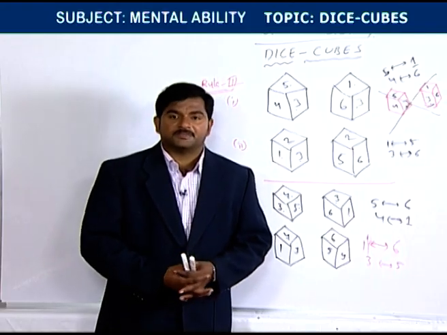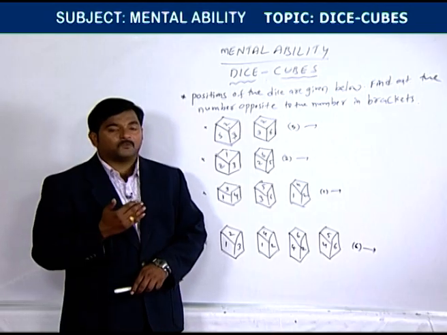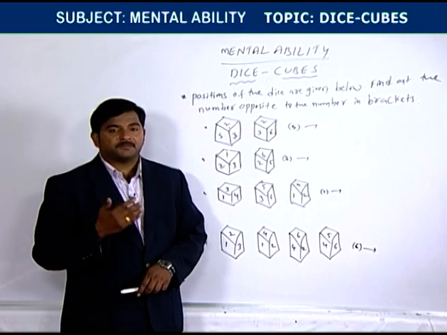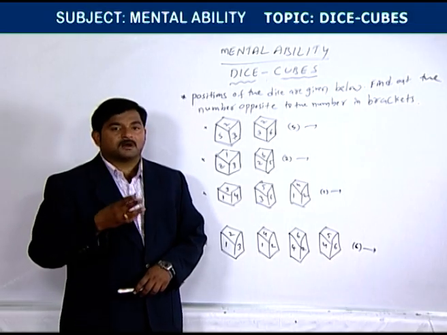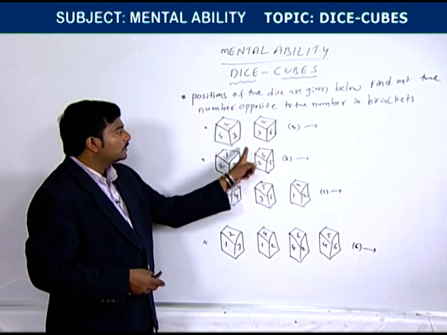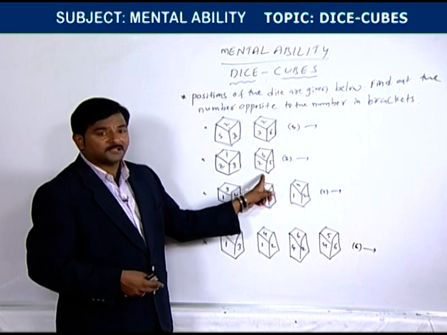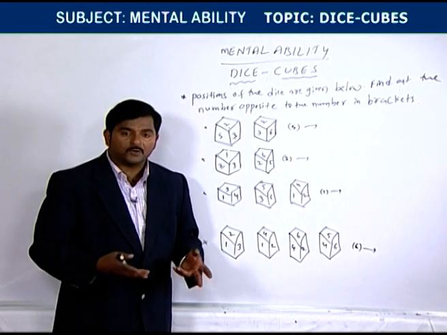Now we will start some bits. Okay. Now let us start some questions. Remember, the 4 rules are very, very important. Sometimes in a question 2 positions may be given, or 3 positions, or 4 positions. See here, in question number 1 and question number 2, only 2 positions of the dice are given, whereas in the third question 3 positions, whereas in the fourth question 4 positions.